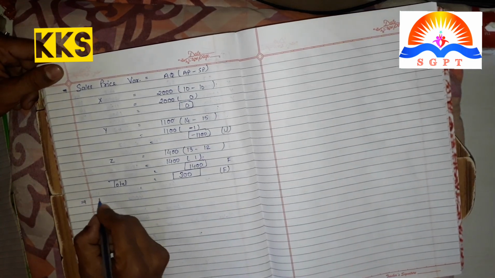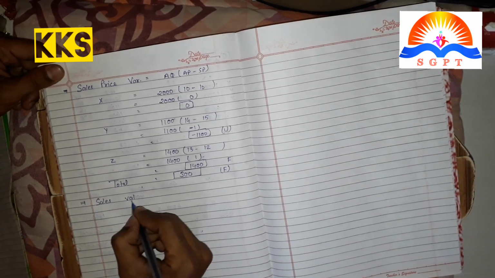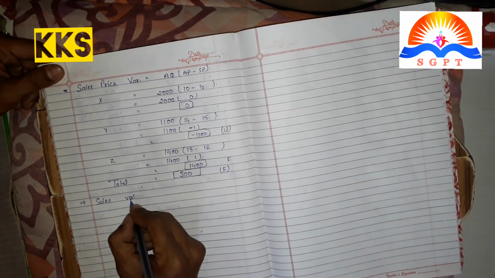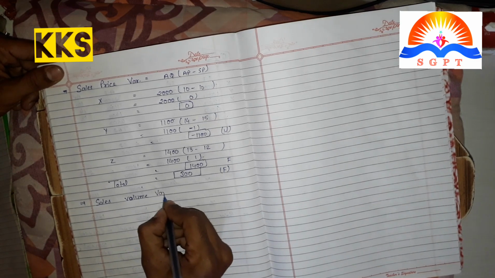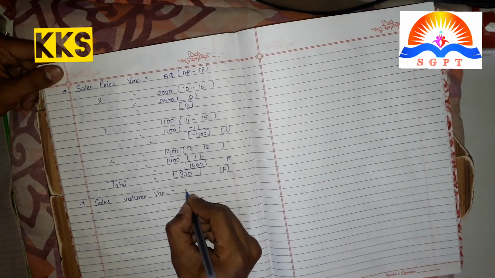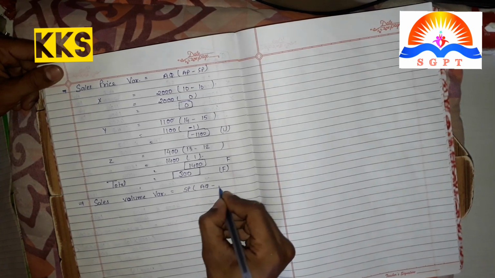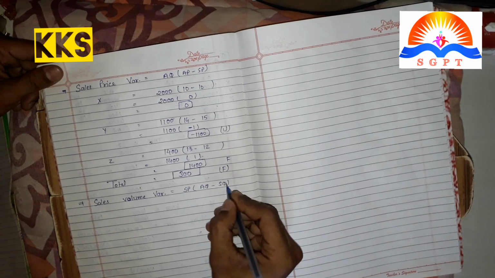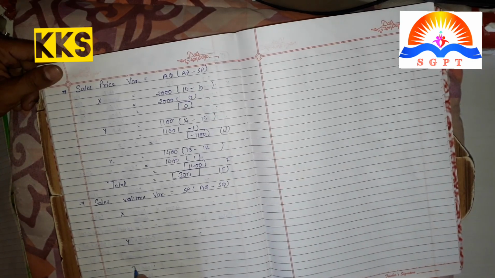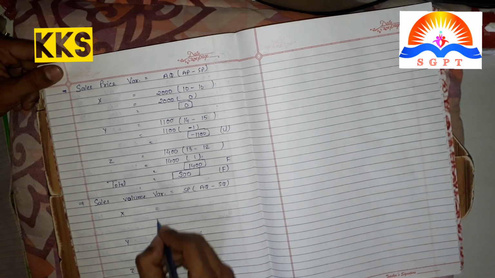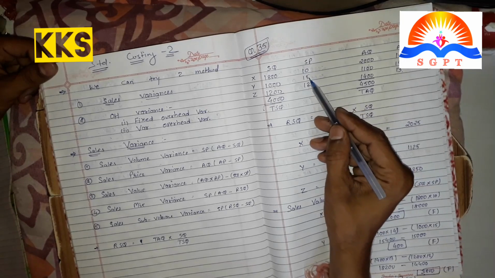Now sales volume variance. SP into AQ minus SQ for X, Y, Z. SP: 10, 15, 12.